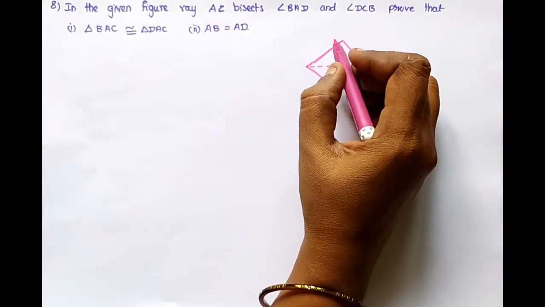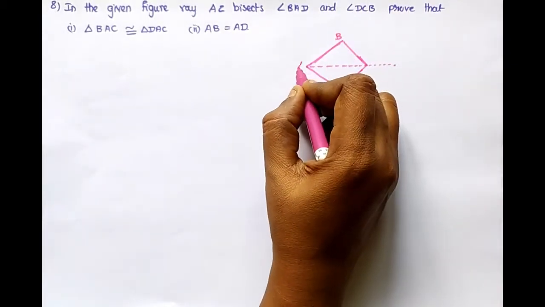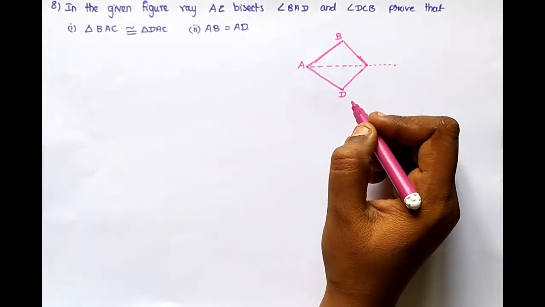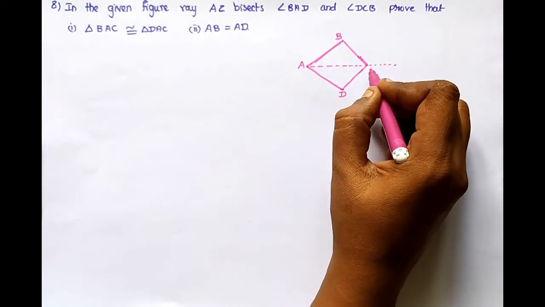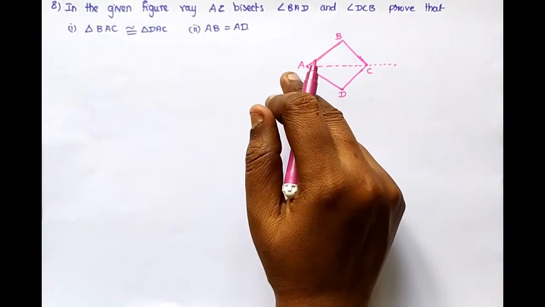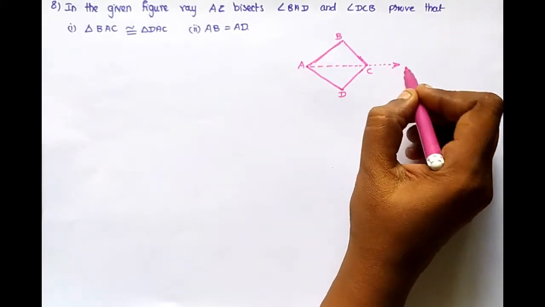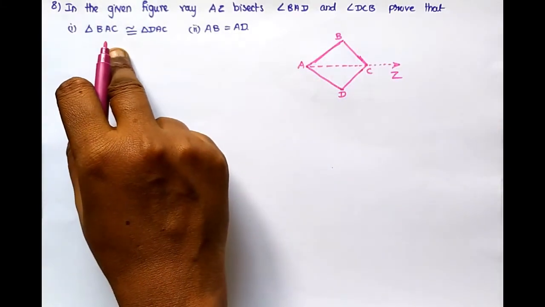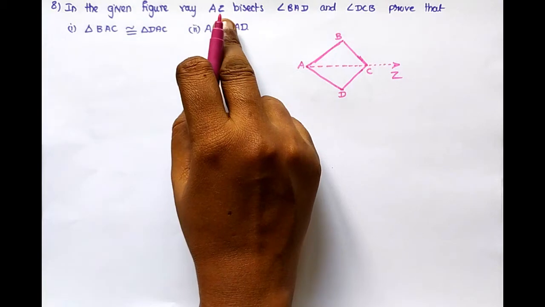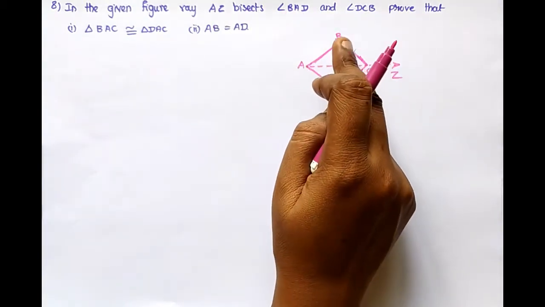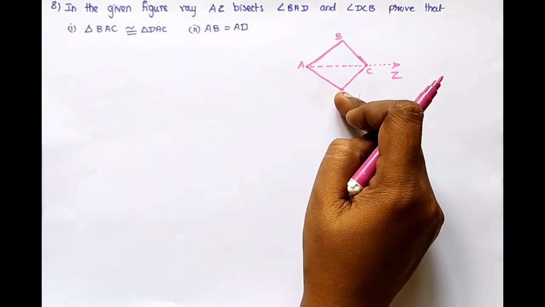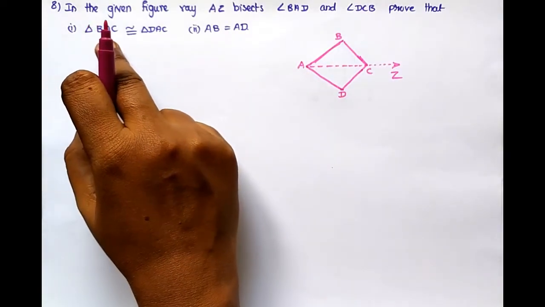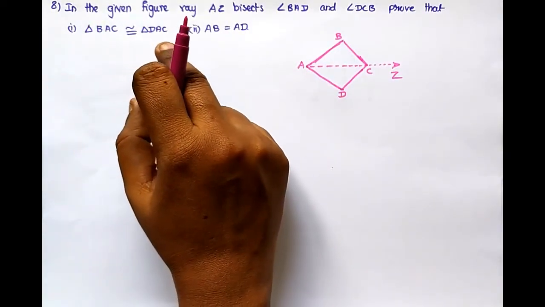That is angle BAD, that is C. AZ is a ray that bisects angle BAD. So prove that triangle BAC is congruent to triangle DAC.